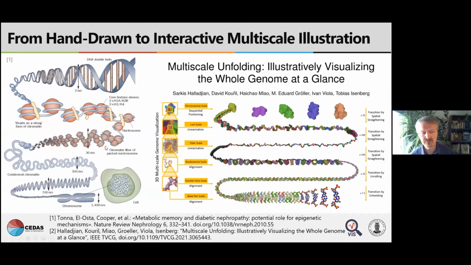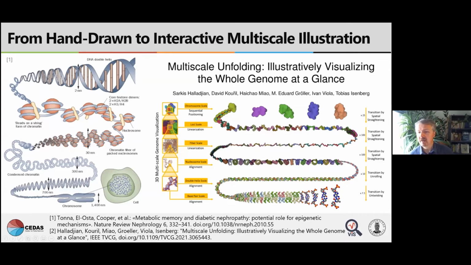So here on the very left, I've taken a figure from a Nature Review article that illustrates the different scales of DNA structures in a very nice fashion. And clearly, this is a handmade illustration, which has been done very well.